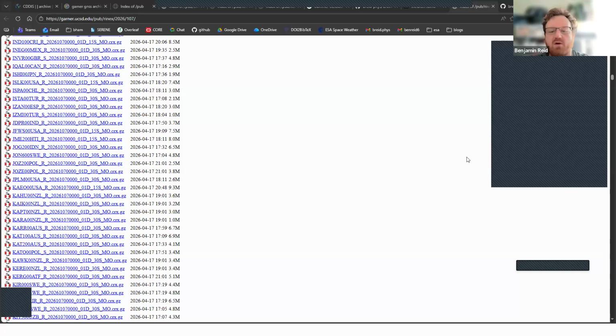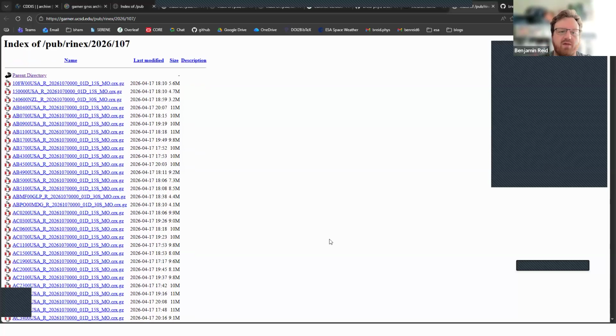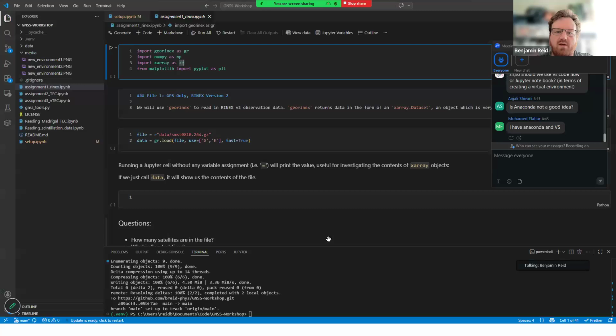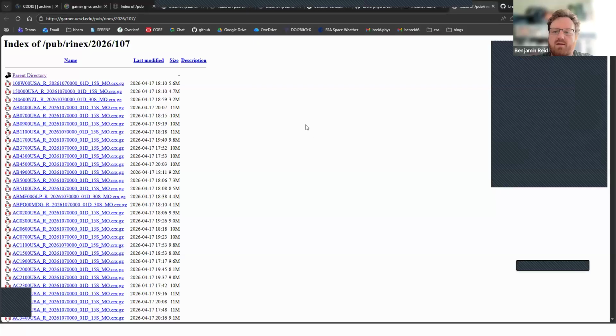VS Code will let you choose whether to use Anaconda or virtual environments or VMs. Whichever one you want to use should work fine for something like this. Spyder should also work. I used to use Spyder a lot.